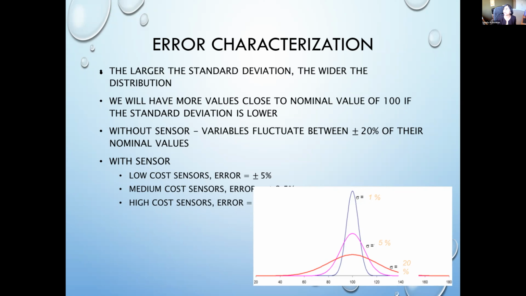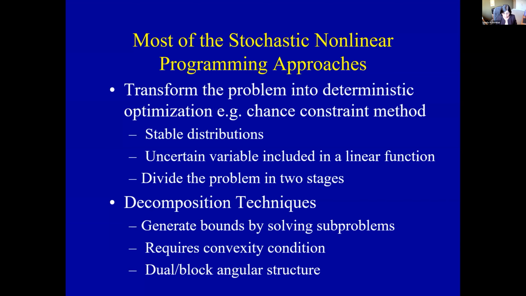Using this information, we can convert the mixed integer nonlinear programming problem into a stochastic nonlinear programming problem. Once it is a stochastic nonlinear programming problem, we use an algorithm called BONUS, better optimization of nonlinear uncertain systems. How is this different from most stochastic nonlinear programming approaches? In the stochastic programming literature, to solve optimization under uncertainty, people assume that the uncertainty information is known in a particular form, and maybe transform it into a chance constraint method, something where you can transform it into a deterministic optimization problem.